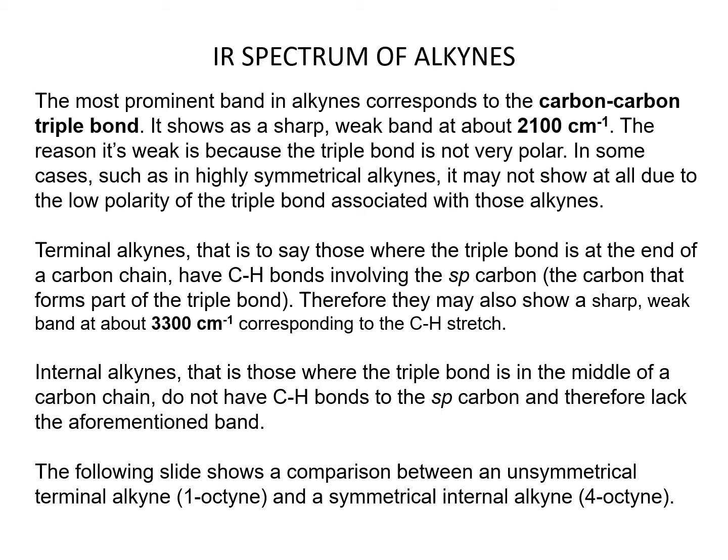Clearly it's because, even if it is a triple bond, still the bonding atoms are carbon and carbon, and because we said frequency has an inverse relationship with the reduced mass, you can see that this carbon-carbon triple bond has lower absorption compared to carbon-hydrogen bonds.